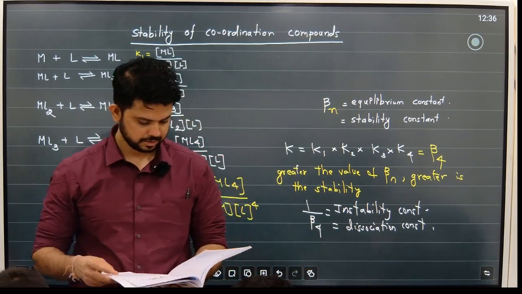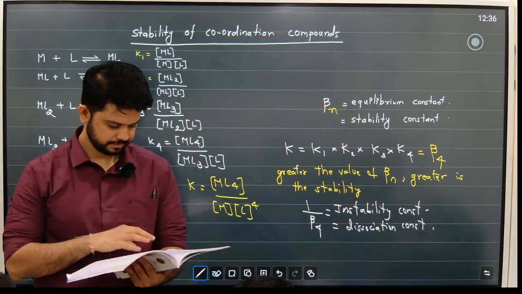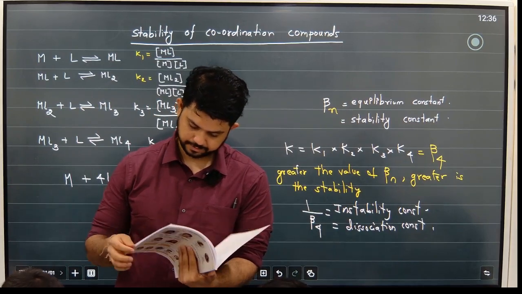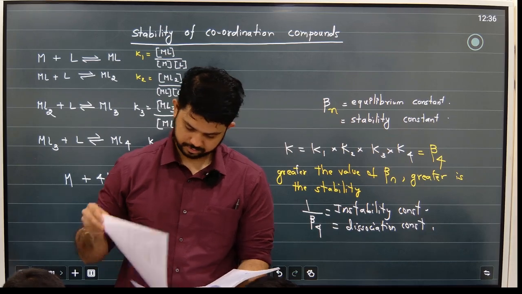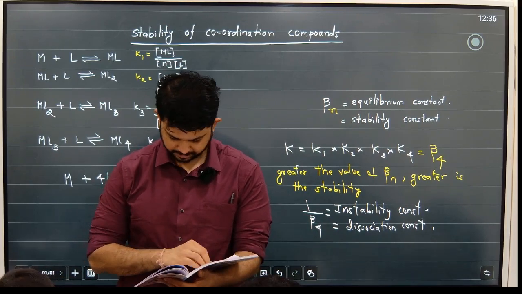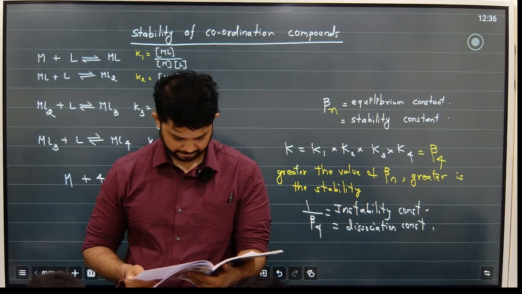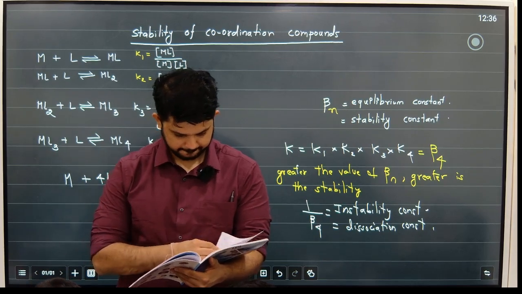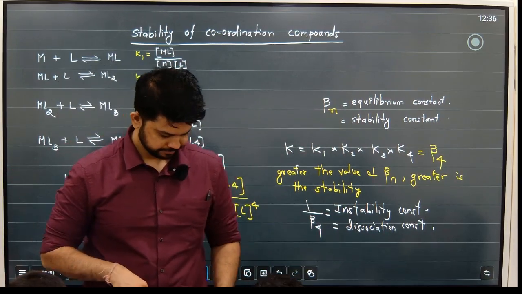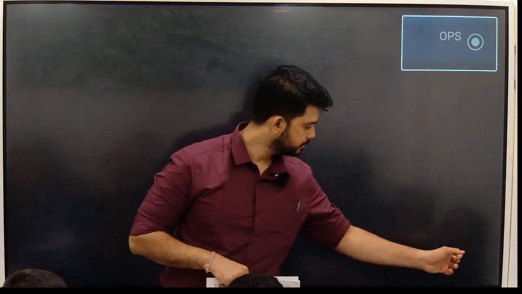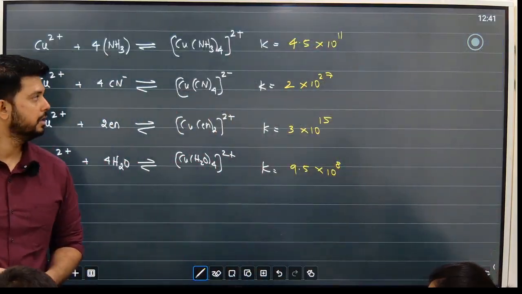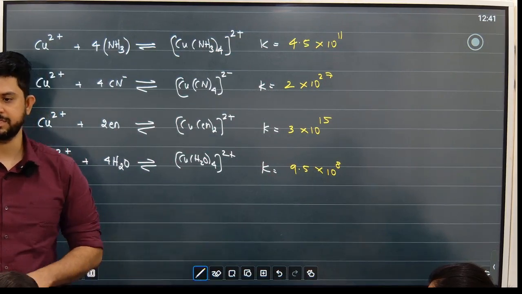Open your booklets. In the booklet, question number one. Now here, we have 4 complexes along with their stability constant.